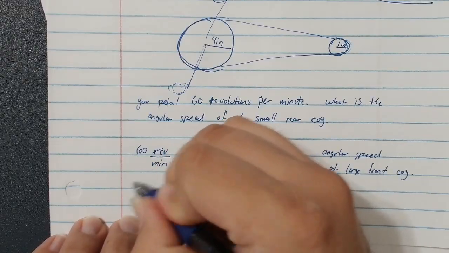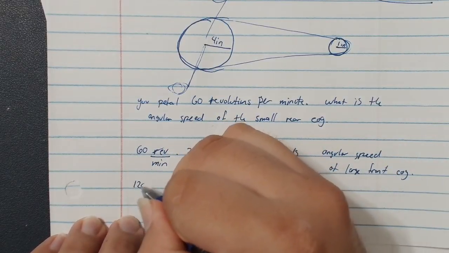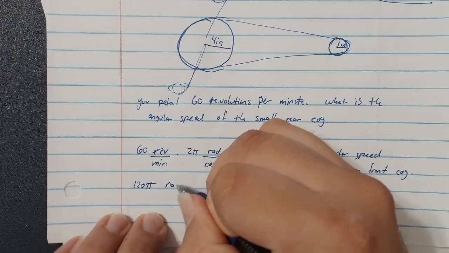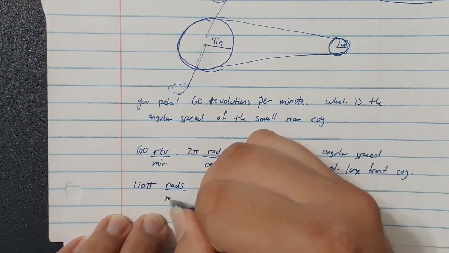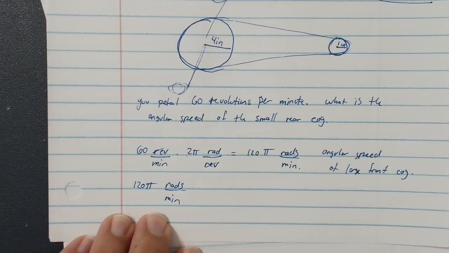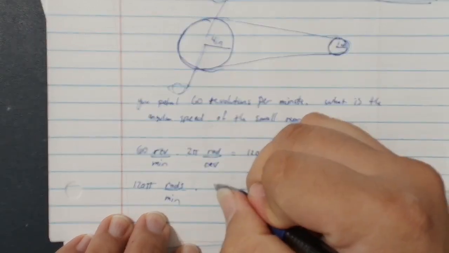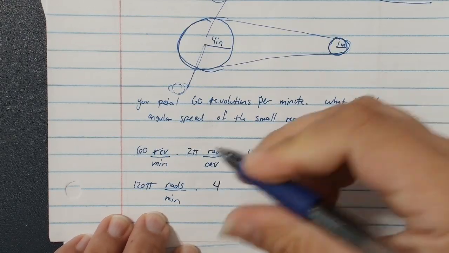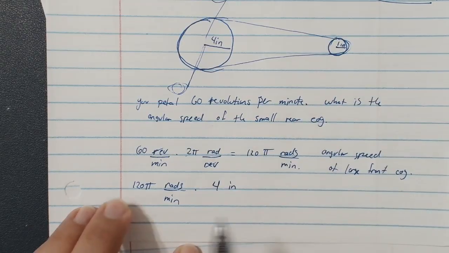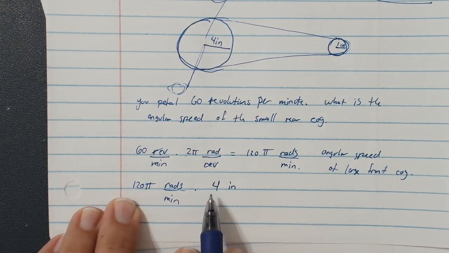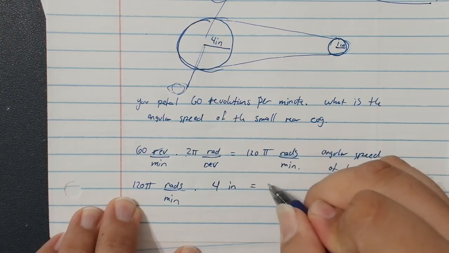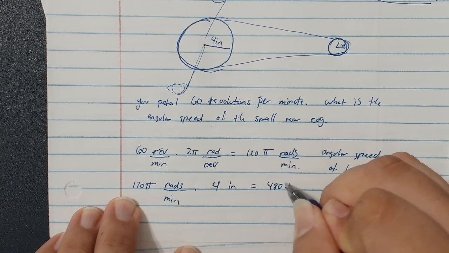So now let's take that 120 pi, and that's radians per minute. And we know that linear speed is given by that angular speed times the radius of that wheel. In this case, 4 inches. So 120 times pi times 4 gives us 480 pi.